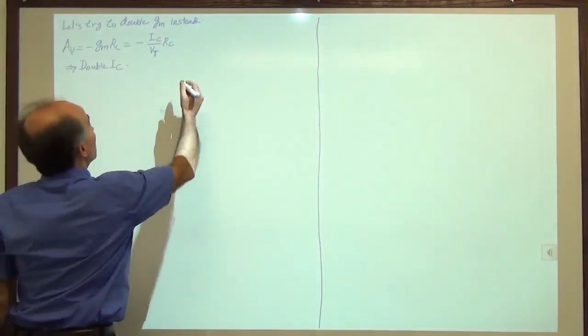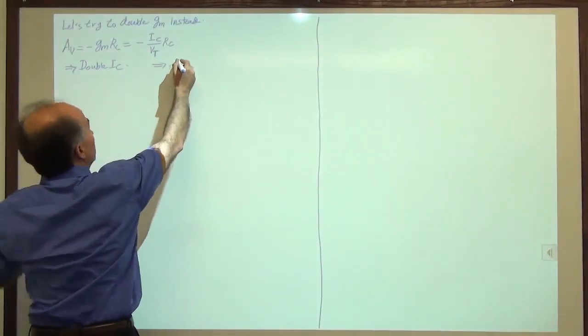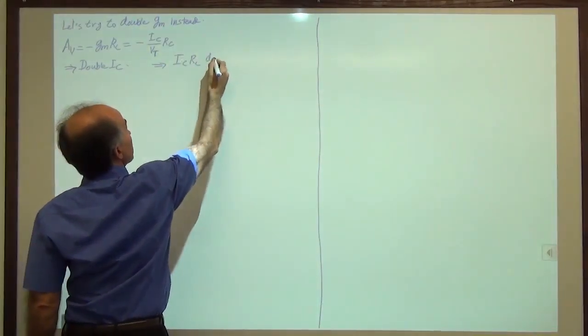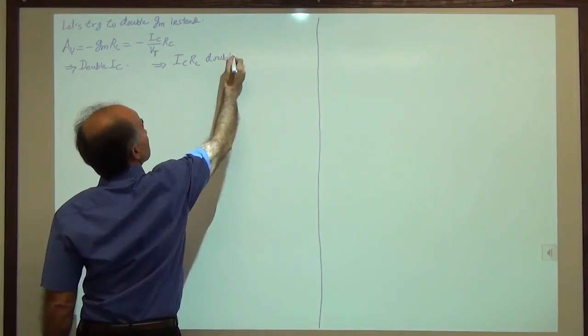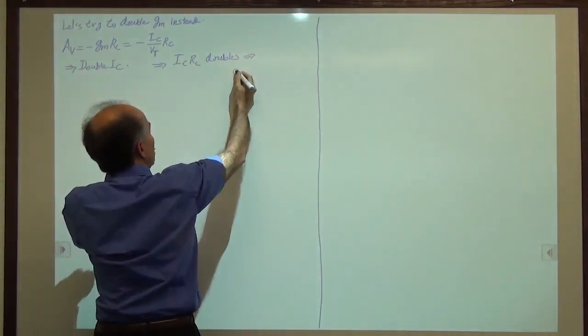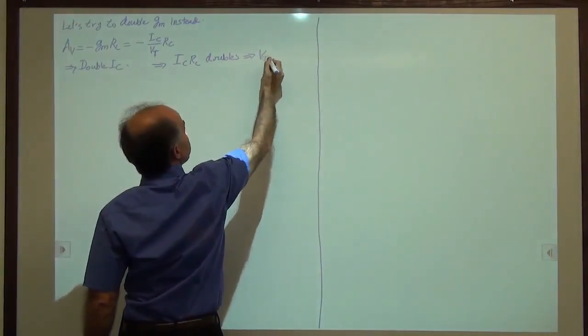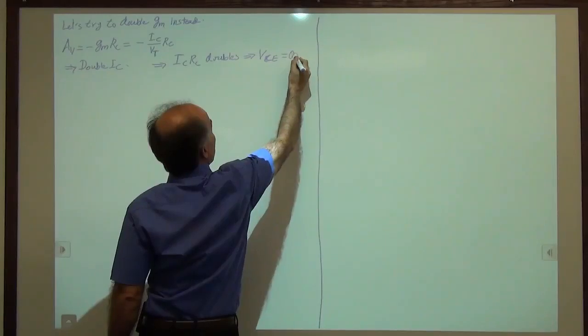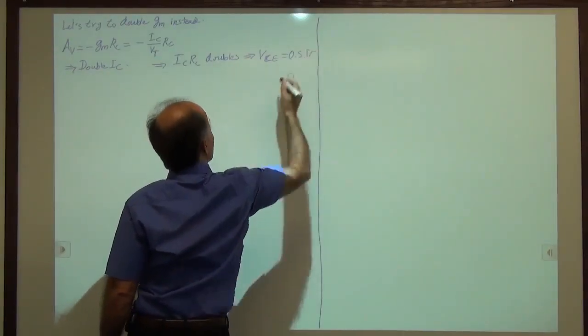So ICRC doubles, which means VCE is equal to 0.5 volts, and we have the same problem as before.